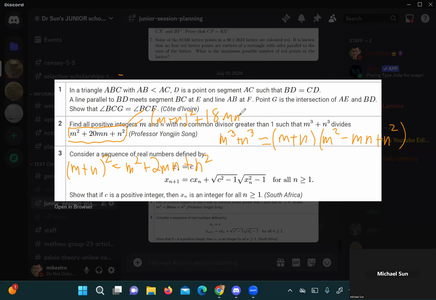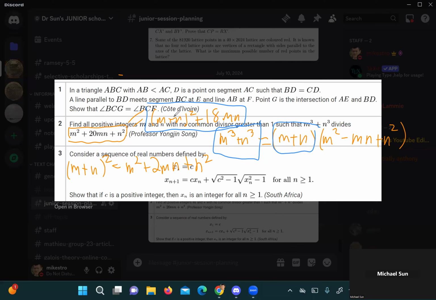Yeah. So one thing that might be nice to investigate is, if this thing divides into that thing, then this thing should also divide into it, because that's a factor. So this divides into that, and that divides into that, so this divides into that. But the nice thing is, we know m plus n divides into m plus n squared.